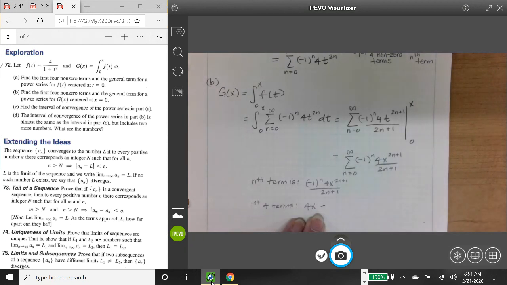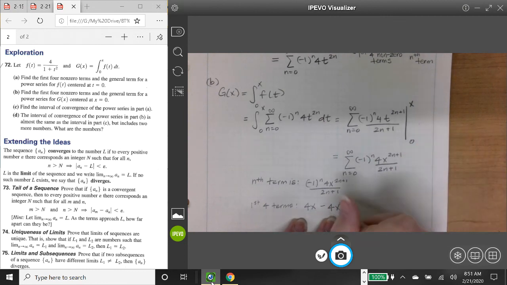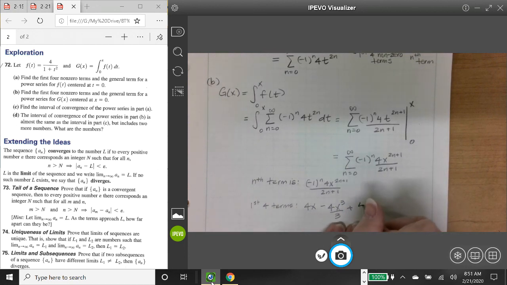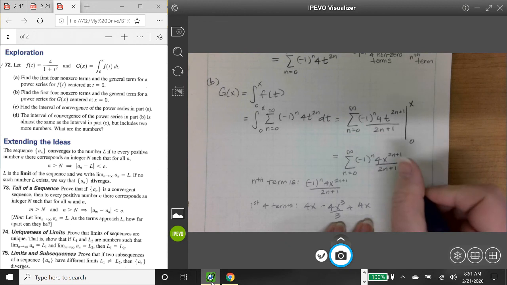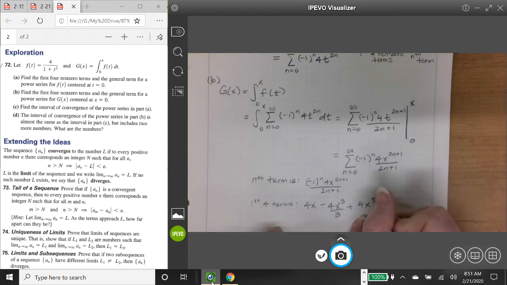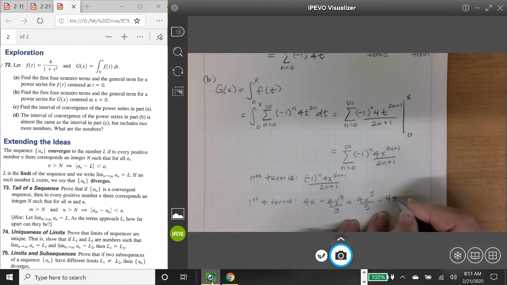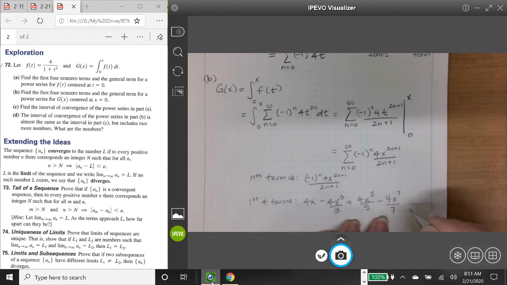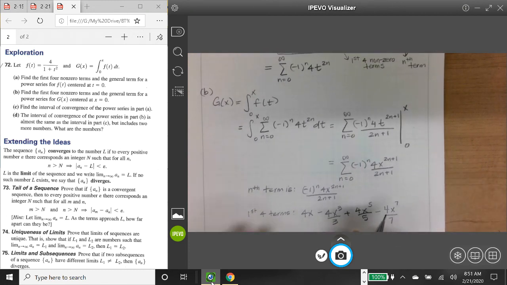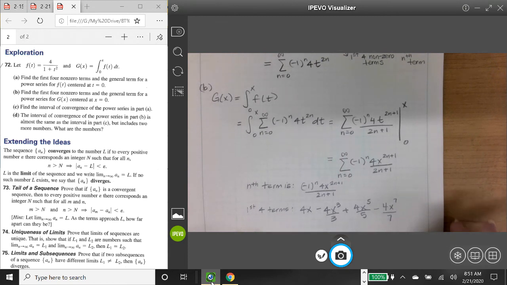Because when I raise negative 1 to the first, it's negative. And then when I plug in 1 here, I get 2 plus 1 is 3, minus 4x cubed over 3, plus 4x to the, if I let n equal 2, to the 5th over 5, minus 4x to the, I'm following the pattern now, to the 7th. And so those will be the first 4 non-zero terms for the series centered at 0.